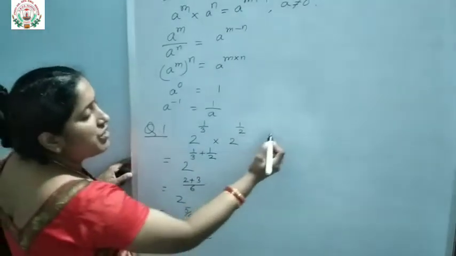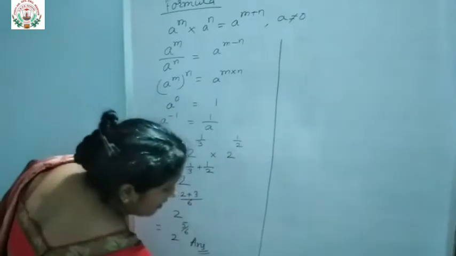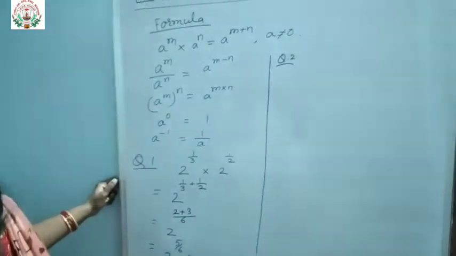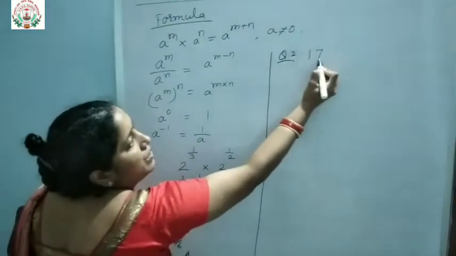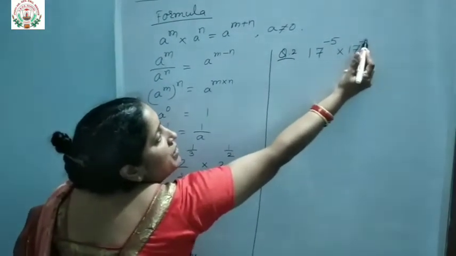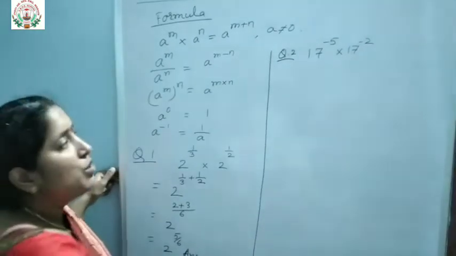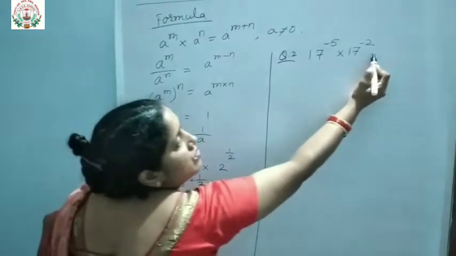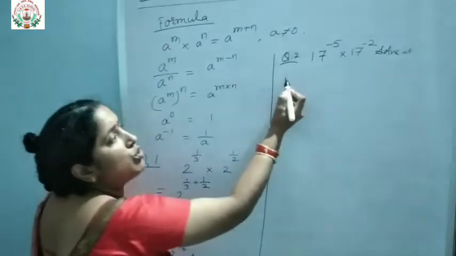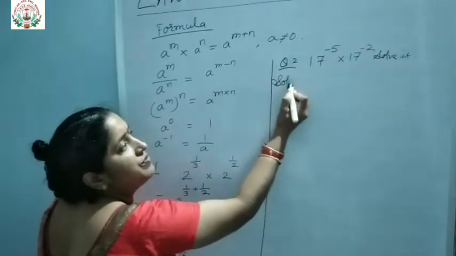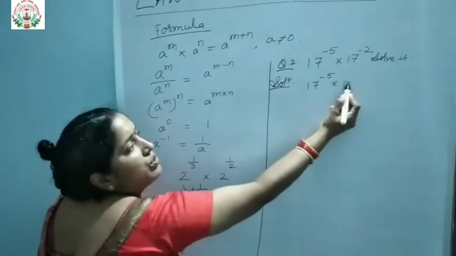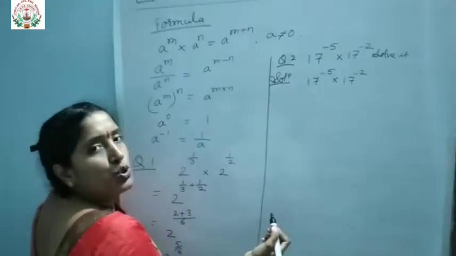Clear? Likewise, one more question. Question number 2. For example, I am taking 17 to the power minus 5 into 17 to the power minus 2. You have to solve this. Solution: 17 to the power minus 5 into 17 to the power minus 2.